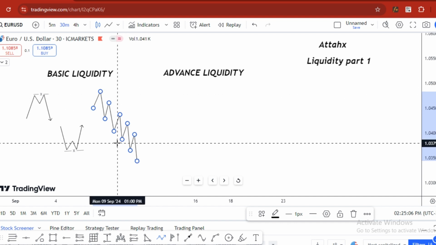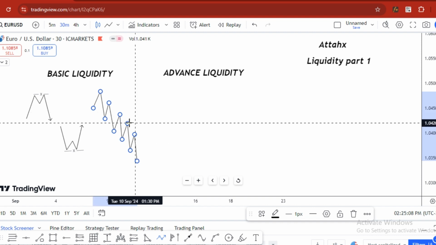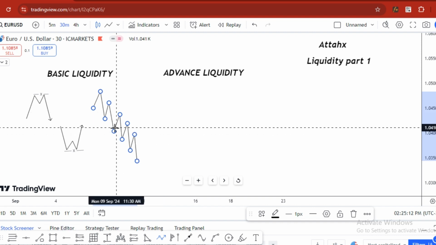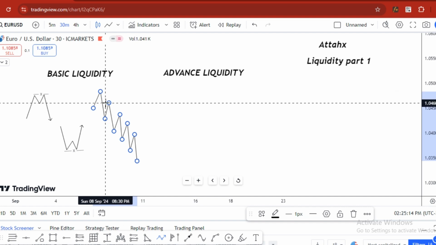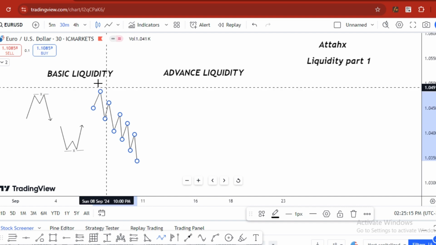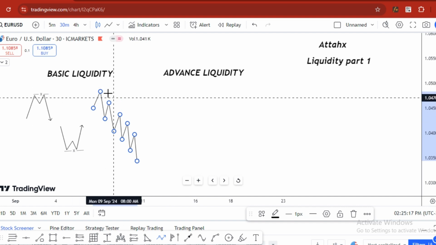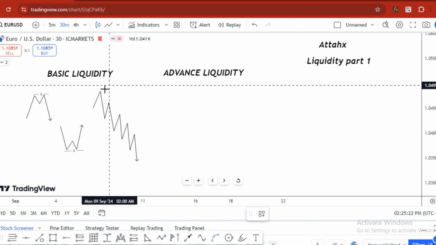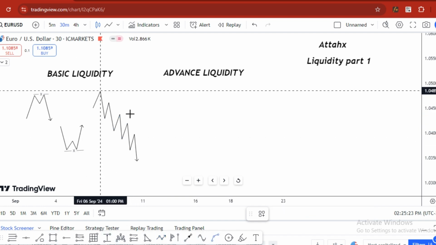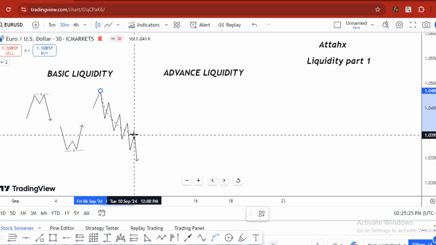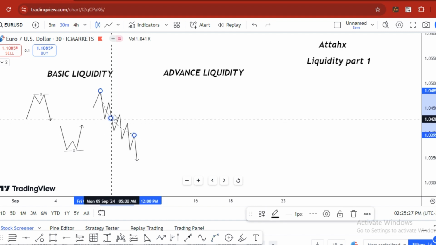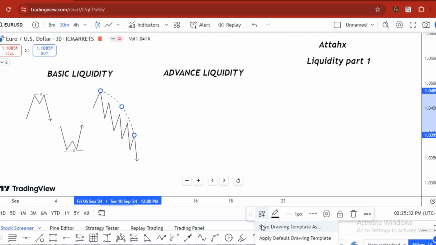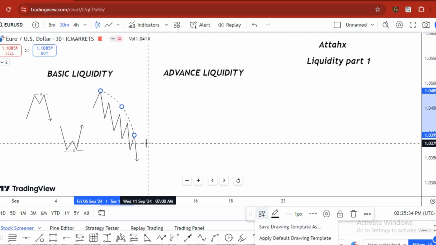Because if the market moves in this pattern, then practically everyone in the forex market will make money, right? But then this algo structure will tell you that once you see something like this, it's a liquidity build up, which some of you guys also call the trend line liquidity or the order flow liquidity. This is a liquidity build up.